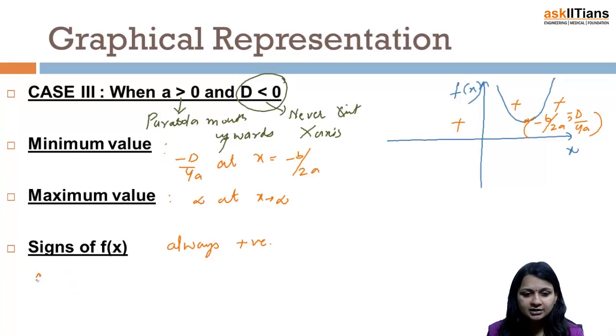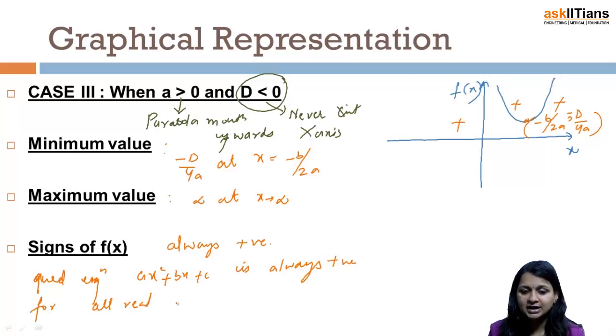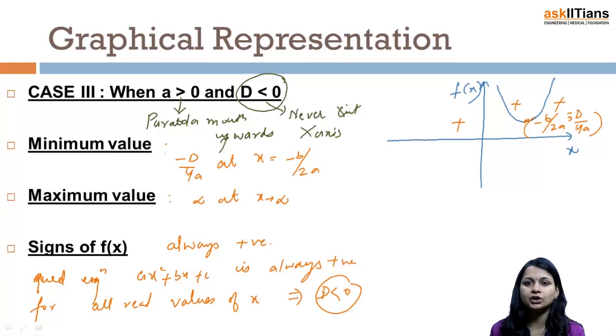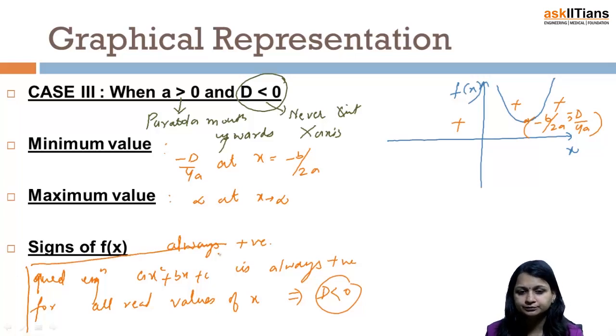So I'll say that if a quadratic expression ax square plus bx plus c is always positive for all real values of x, then that implies that its discriminant D would be less than 0. It only happens when discriminant D is less than 0 that f(x) is always greater than 0. Okay, it's a very important point.